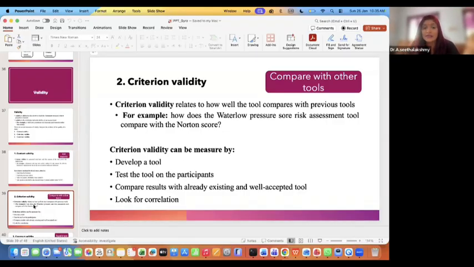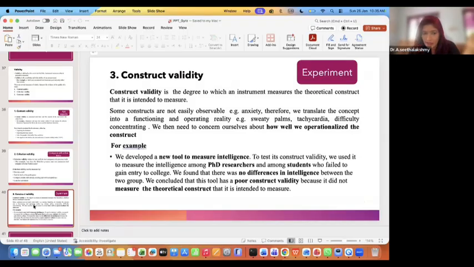This is what you call criterion validity. So first level we go with content validity, second level with criterion validity. Okay, good. Next, everything is fine, so we need to go with construct validity.